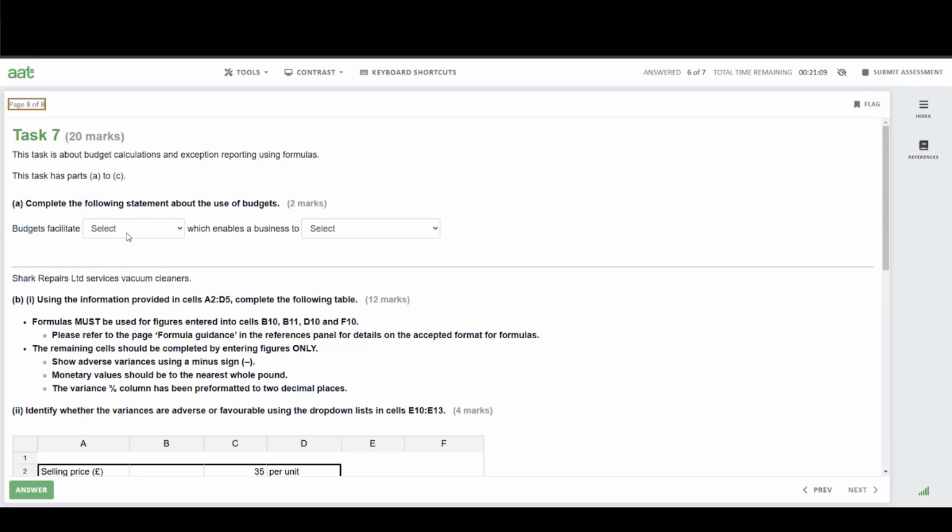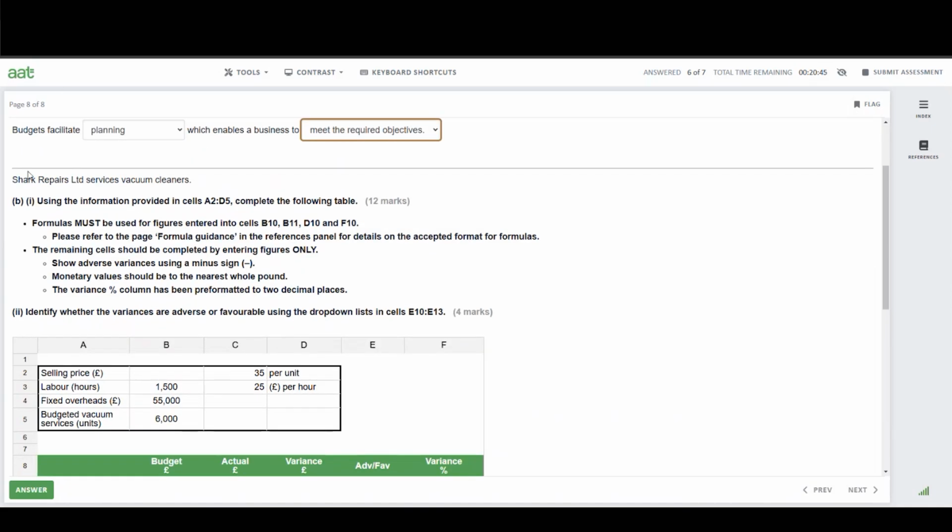So budgets facilitate, well, hopefully it's not excessive spending. Hopefully it's planning, which enables a business to meet their required objectives. An accountant shouldn't be hiding issues. They need to be flagged up, don't they? But meet the required objectives.